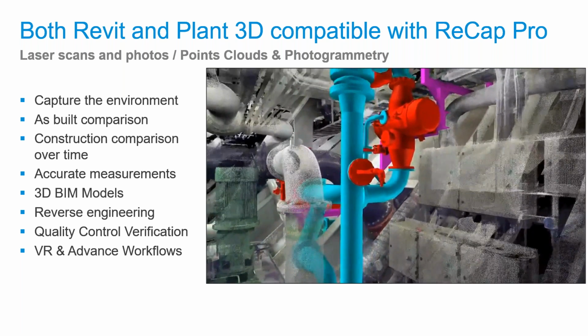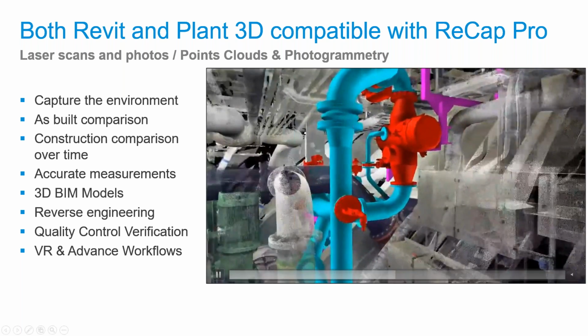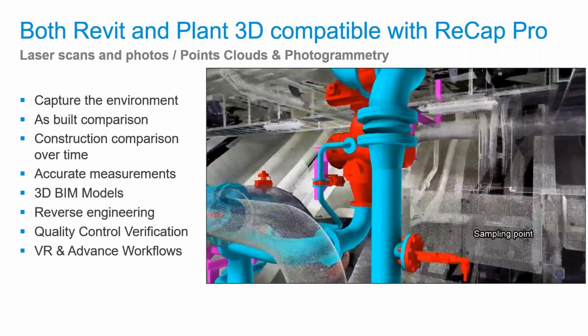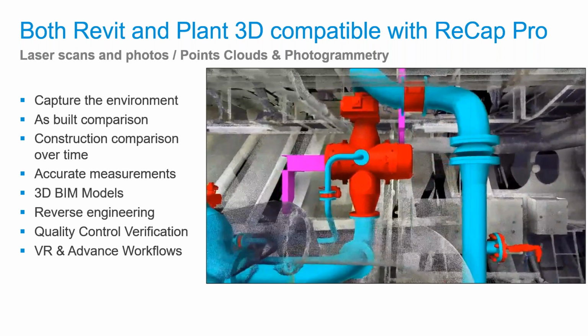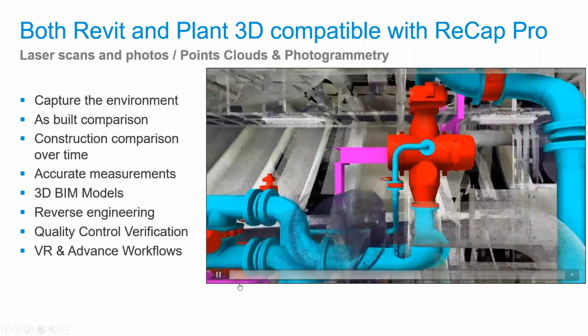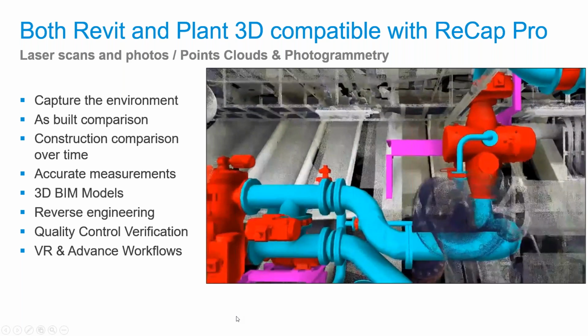So to predict maintenance operations or revamping or logistics, what needs to be dismantled, you have very quickly accurate measurements. You can compare construction over time. It's helpful for reverse engineering. So all these benefits are based on the reality capture technology, which is heavily used in the plant industry nowadays.